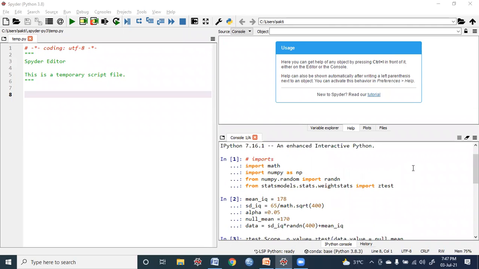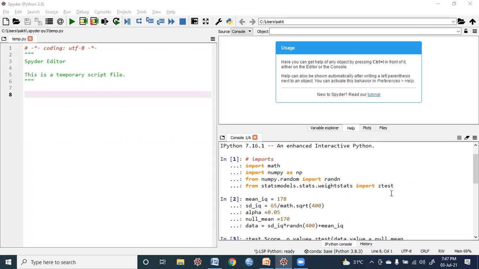Now let us continue with the second approach, which is the p-value approach in Spyder. First of all, let us import the related libraries. I am importing math, then numpy, creating an object as np. Then from numpy.random, I am importing random.